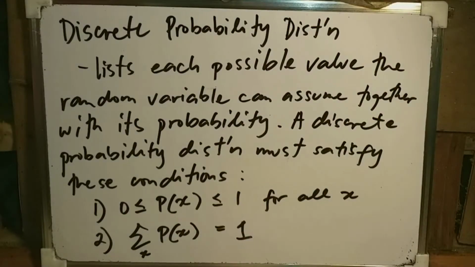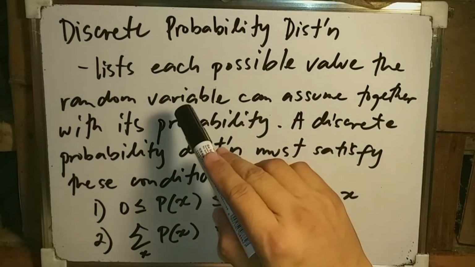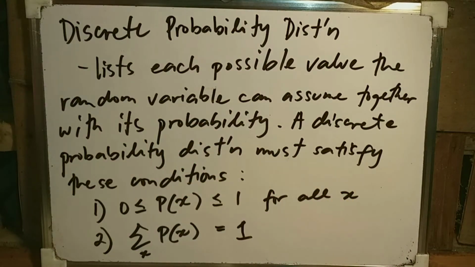So let's have discrete probability distribution. A discrete probability distribution lists each possible value the random variable can assume together with its probability. A discrete probability distribution must satisfy these conditions.